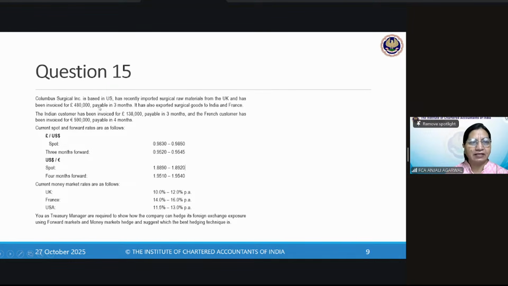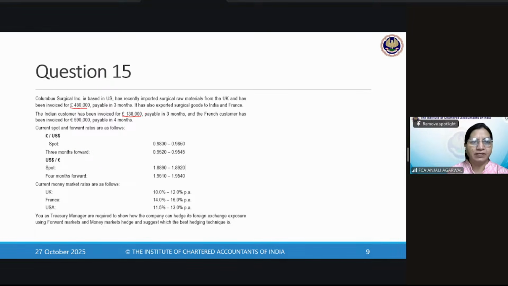Now, exactly after 3 months, we have 480,000 pounds payable, but we also have 138,000 pounds receivable. So if you apply the concept of netting, you don't need to worry about the 138,000 pounds. You will receive it from an Indian customer and you can easily make the payment to the UK customer in pounds. However, the amount is not completely settled.